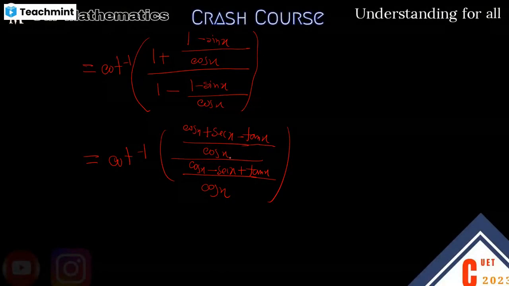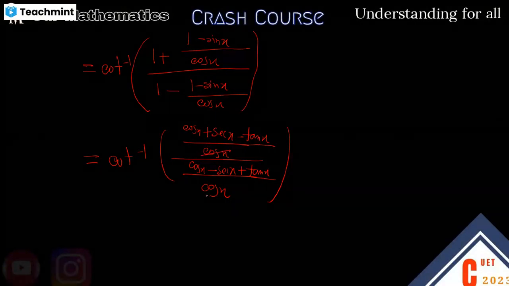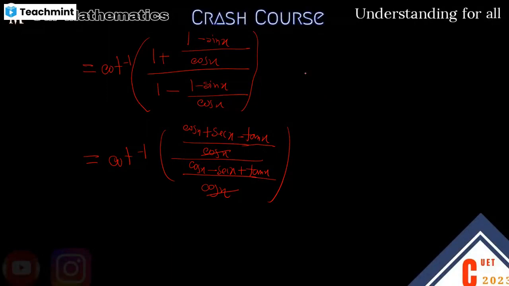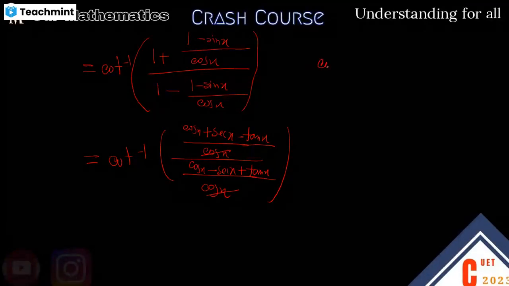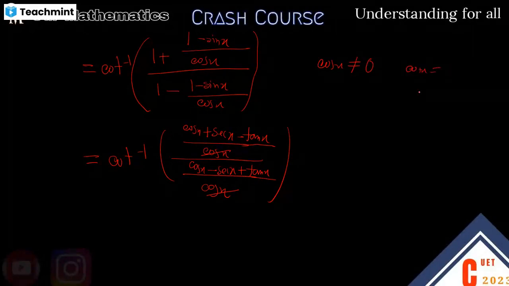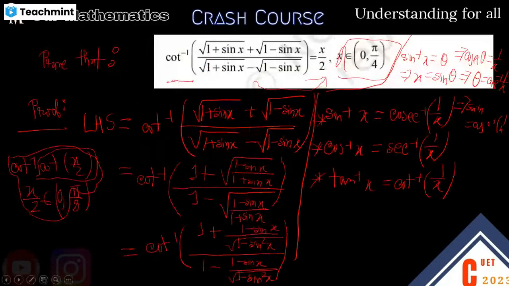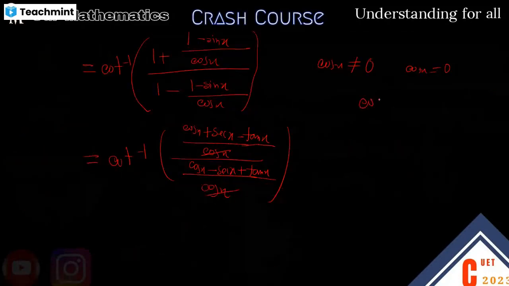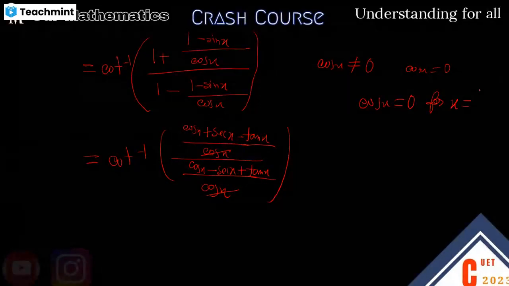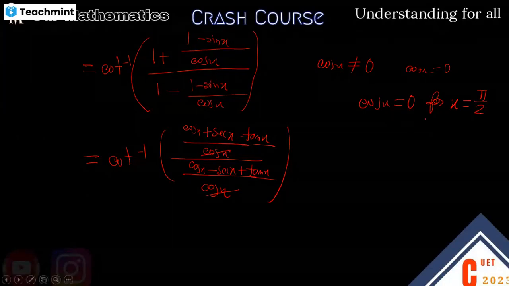Now what we will do next is just cancel cos x by cos x, right? But why can we cancel cos x by cos x here? Because cos x is not equal to 0. If cos x were equal to 0, we couldn't cancel it. And we know that here x belongs to 0 to pi by 4, and cos x is 0 for x equal to pi by 2 or odd multiples of pi by 2.